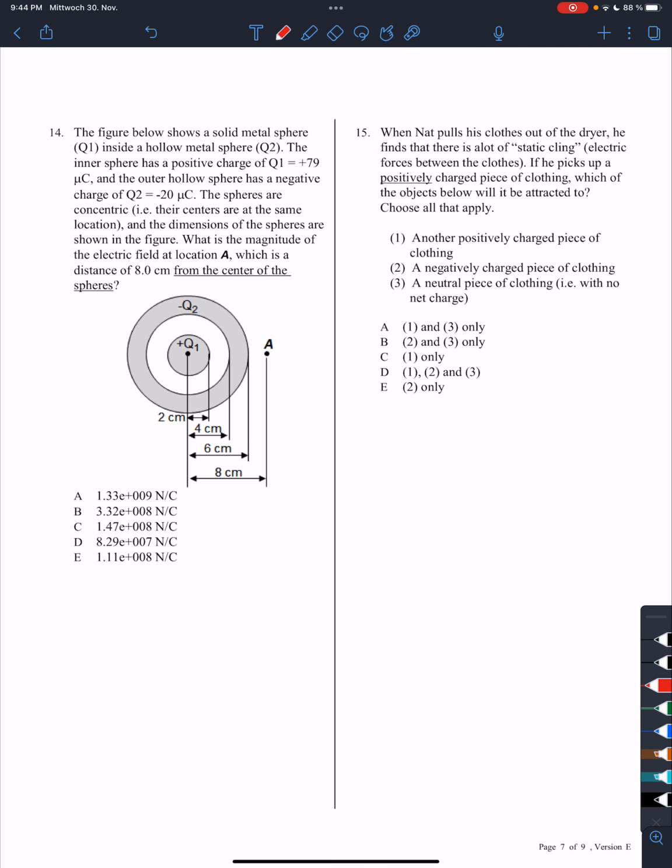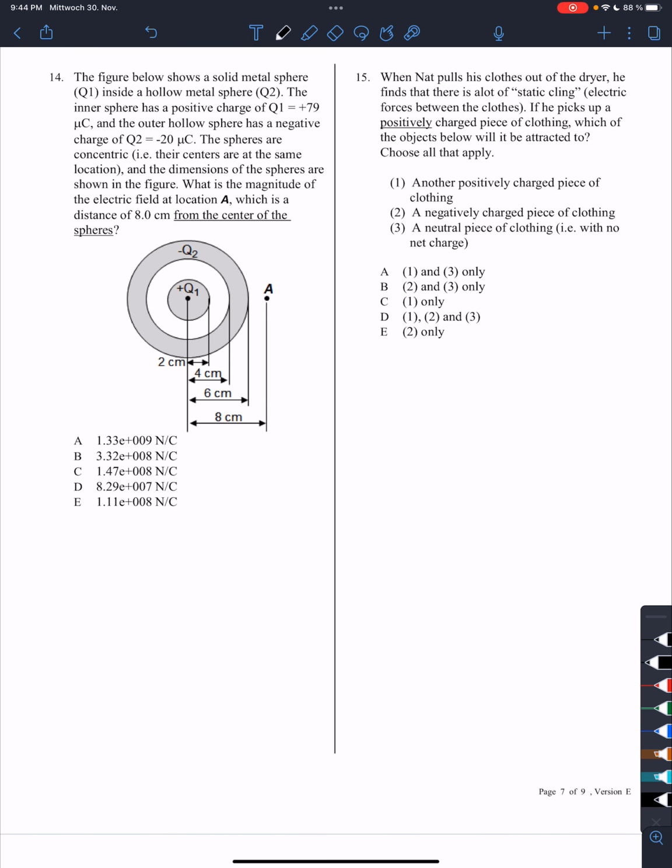Okay, next one, number 14. Now we have spheres over here. What we need to find is the electric field at location A, its magnitude.